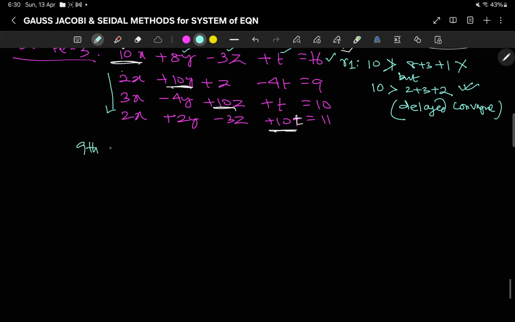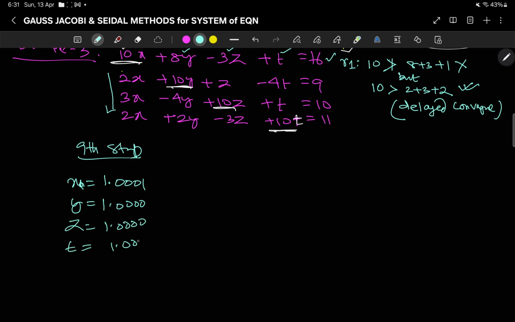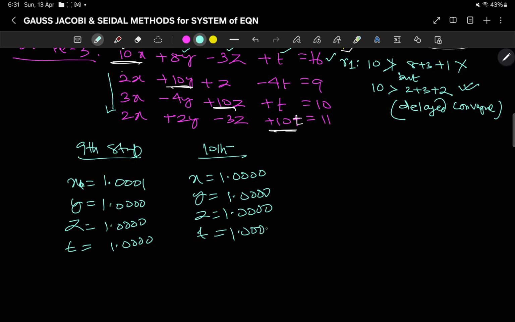At the ninth step we are getting x is equal to 1.0001, y is equal to 1.0000, z is equal to 1.0000, and t is equal to 1.0000, right? At the 10th step I am getting x, y, z, and t all equal to 1.0000, right? So you see here, the convergence is delayed convergence.